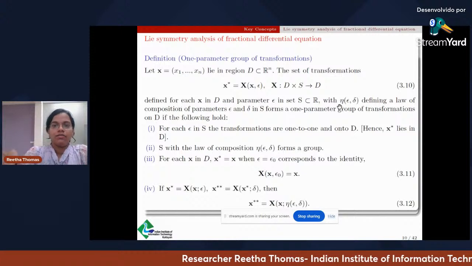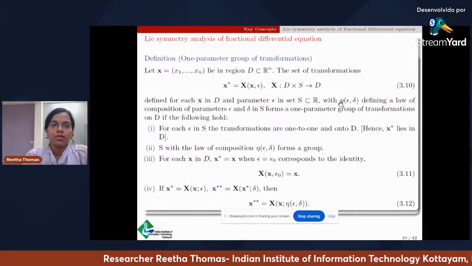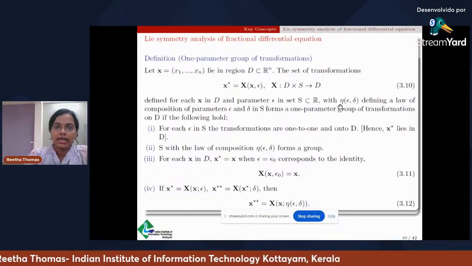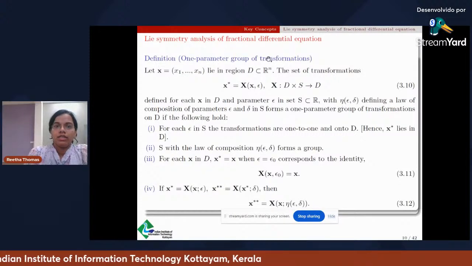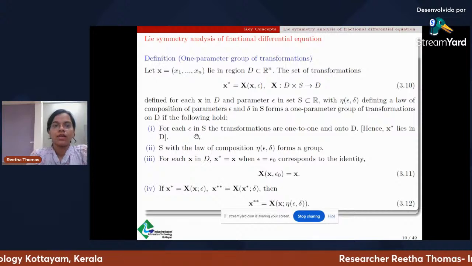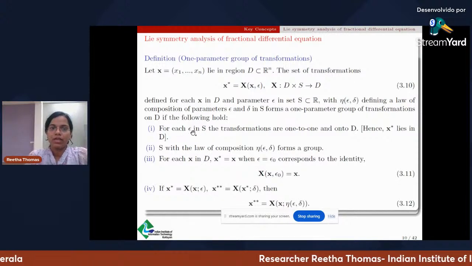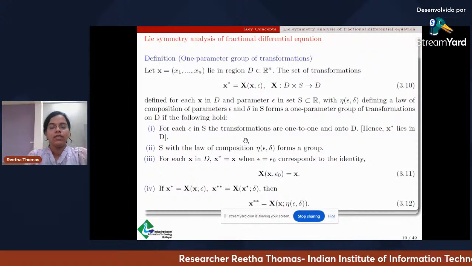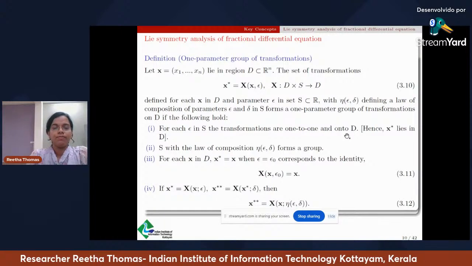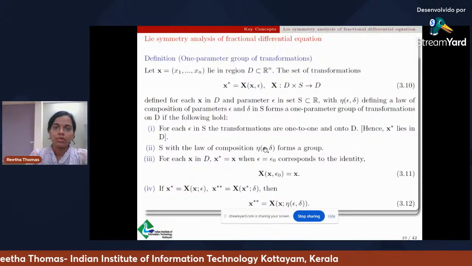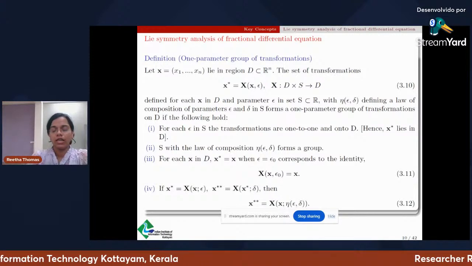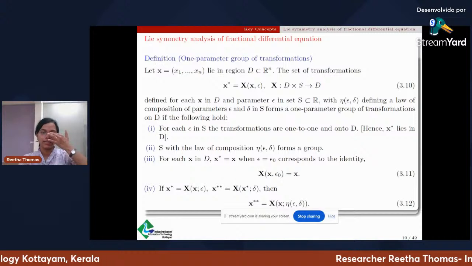Corresponding to that, we can define the law of composition of parameters epsilon and delta as eta. This x star forms the one parameter group of transformations whenever for each epsilon in S, the transformations are one-to-one and onto, that is, bijective. And S with the law of composition eta forms a group, that is, closure, associativity, inverse and identity will exist.